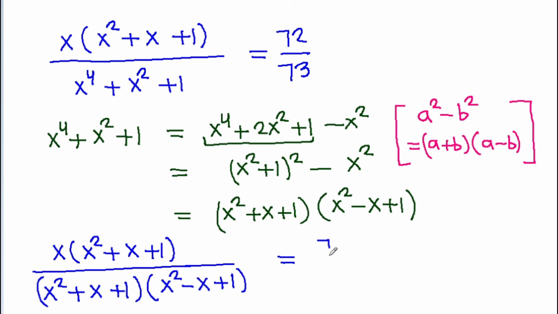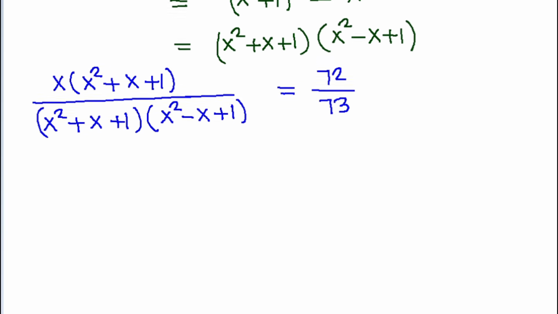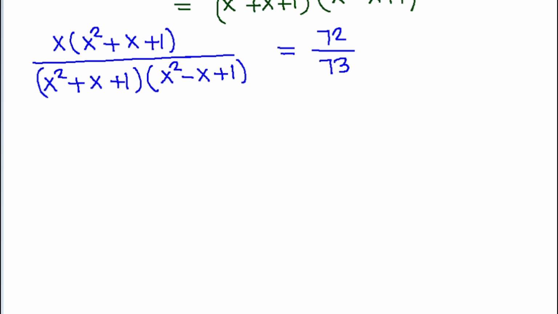It is 72 over 73, and x squared plus x plus 1 will get cancelled.